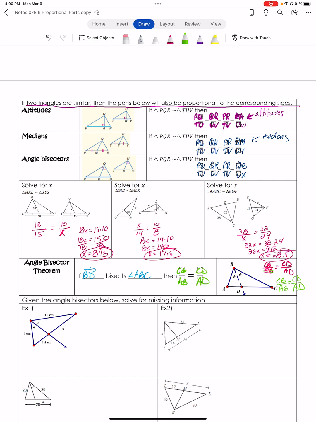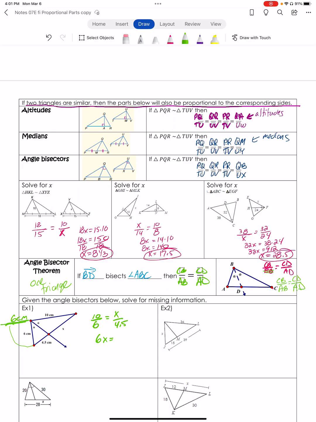So with that said, this is a little bit different because this is one triangle. When you're given one triangle and nothing's parallel, this is the relationship. Sometimes I think, if I folded this side out, this would be 6 centimeters. So I know 10 over 6 equals x over 4.5.